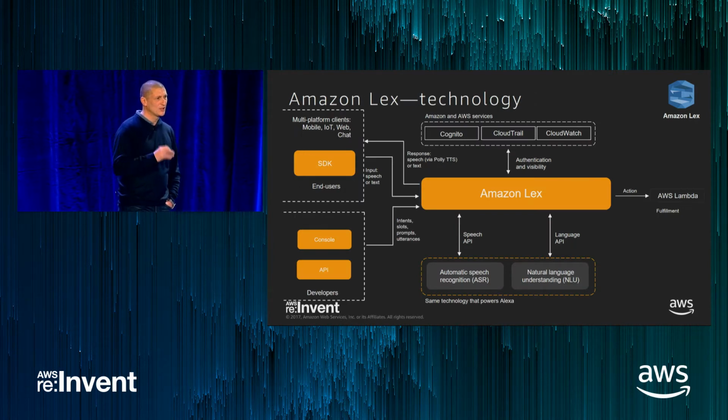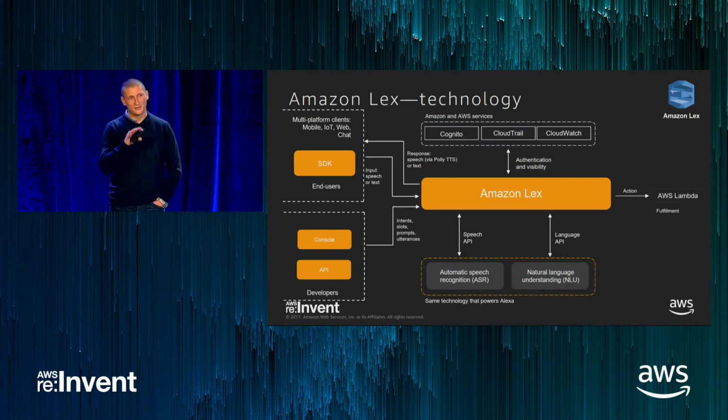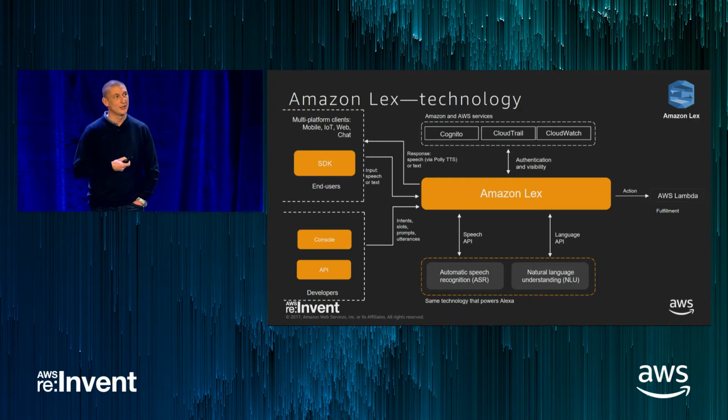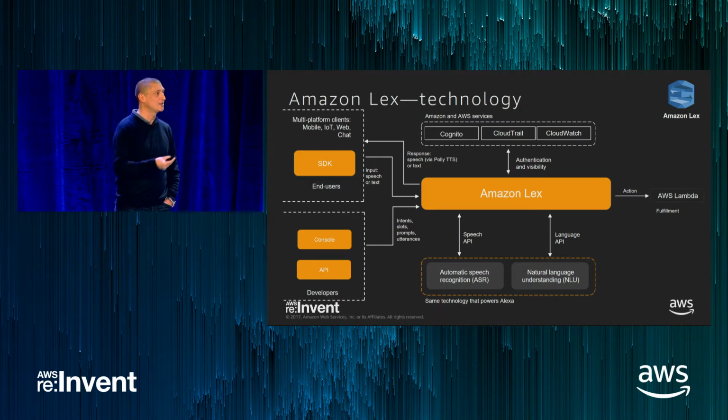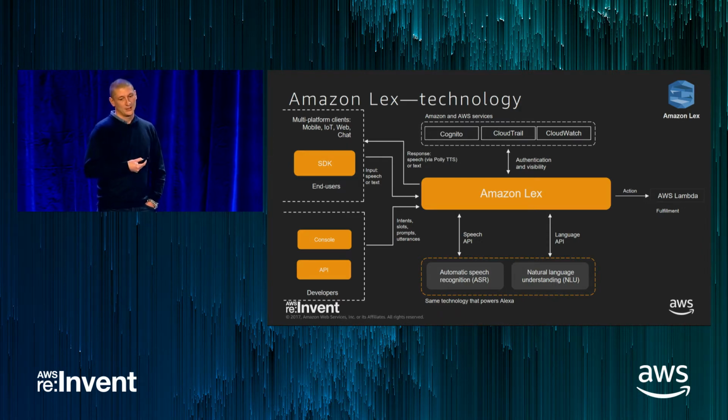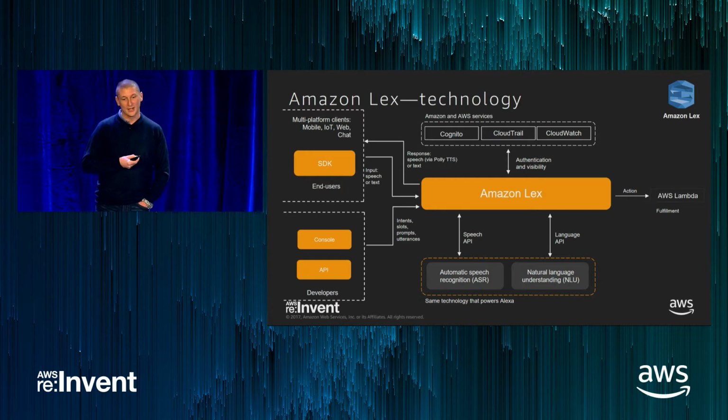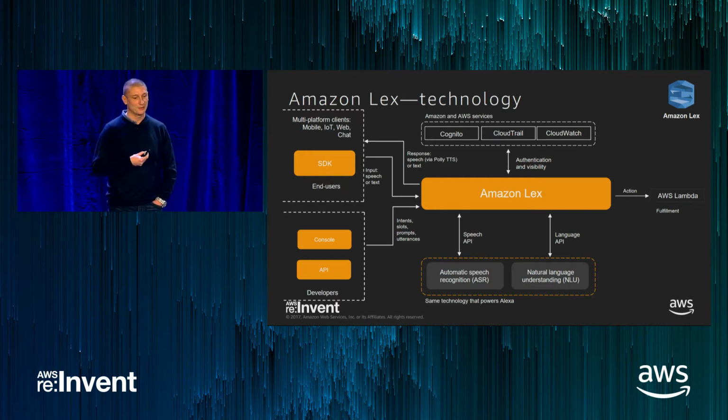Now, when you look at Lex, it's actually a very simple interface to use. The SDK is broken down into two key aspects. You have the developer interface, which you can use via the console or via the API. This is where you develop your utterances, your slots, and your voice interactions. These then get run through the Lex engine, which uses the automatic speech recognition and the natural language understanding.